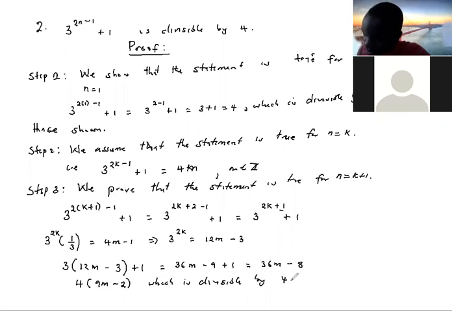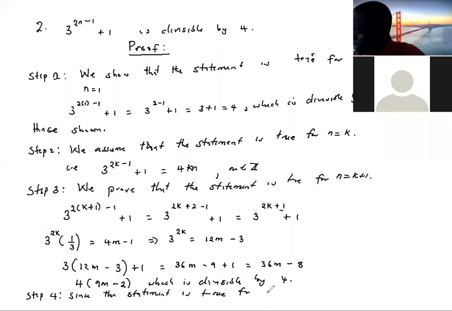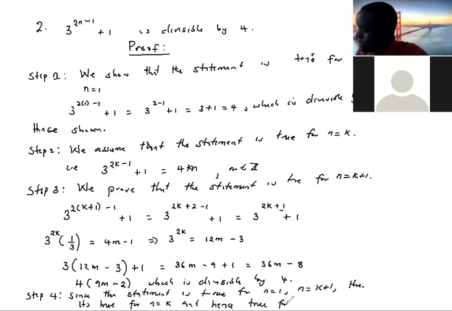So we can go to step 4, where we say, since the statement is true for n is equal to 1, and for n is equal to k plus 1 whenever it is true for n is equal to k, hence it is true for all n positive integers, like that.